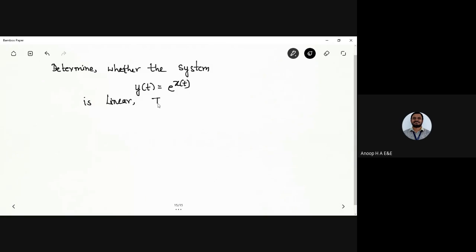Next, time invariant. Next, memory. Next, causal. Next, stable. So we have linearity, time invariance, memory, and causality of the system.